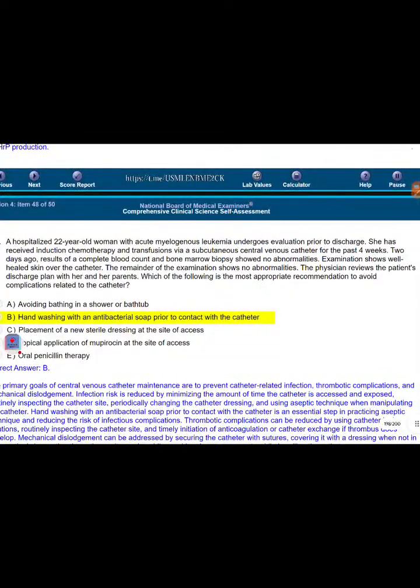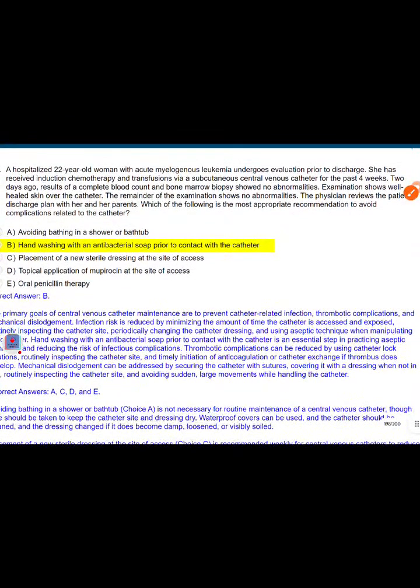A 22-year-old woman with acute myelogenous leukemia is undergoing evaluation prior to discharge. She has received induction chemotherapy and transfusions via a subcutaneous central venous catheter for the past 4 weeks.